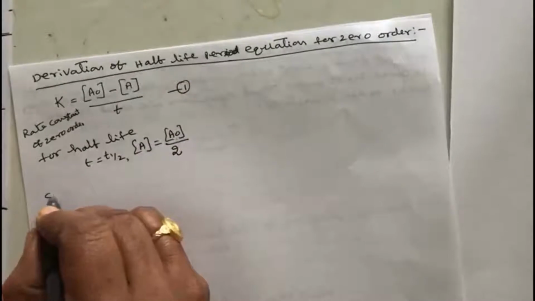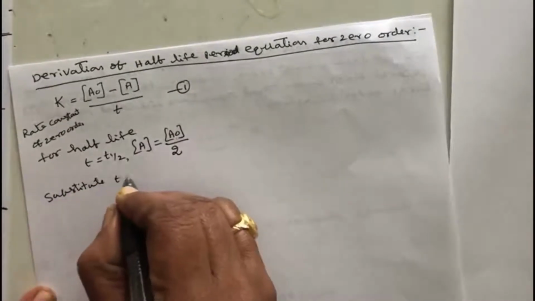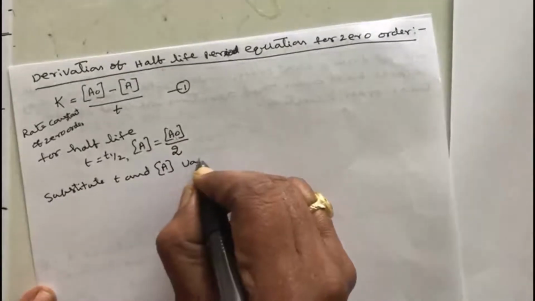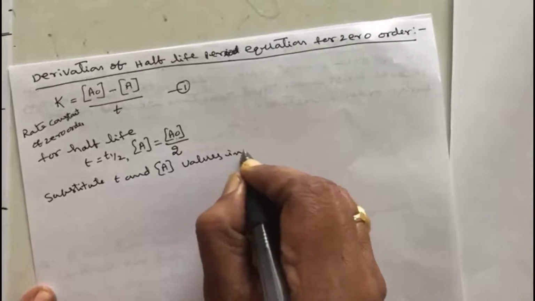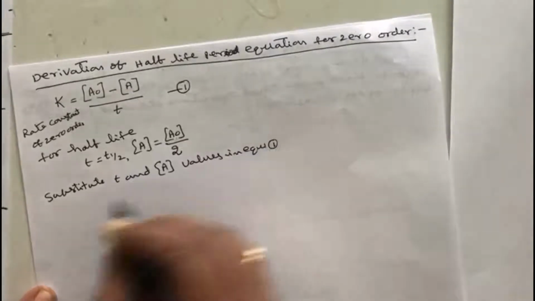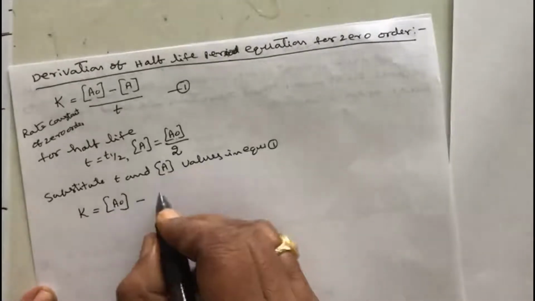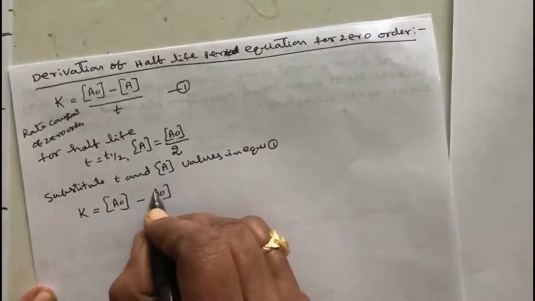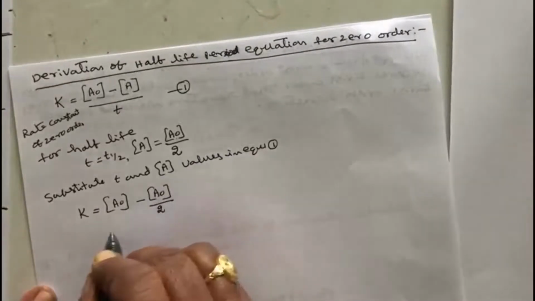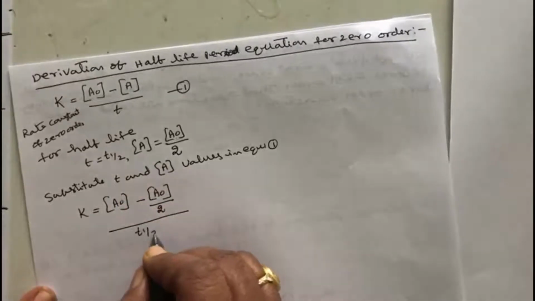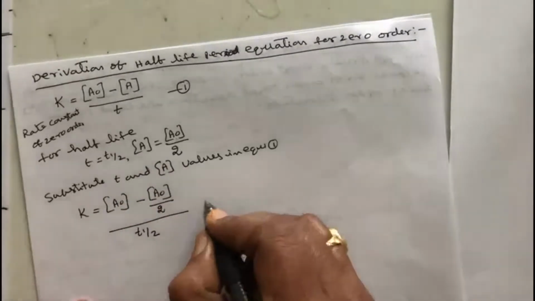Now substitute T and A concentration values in equation 1. We get K equal to A0 concentration minus A0 concentration by 2, by T half.